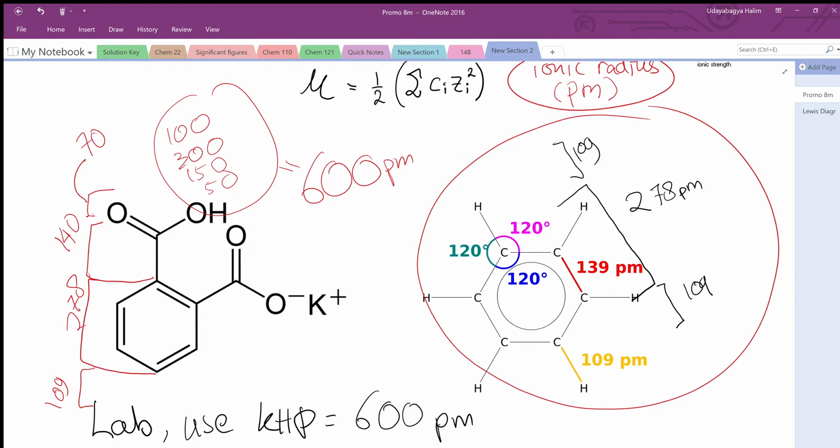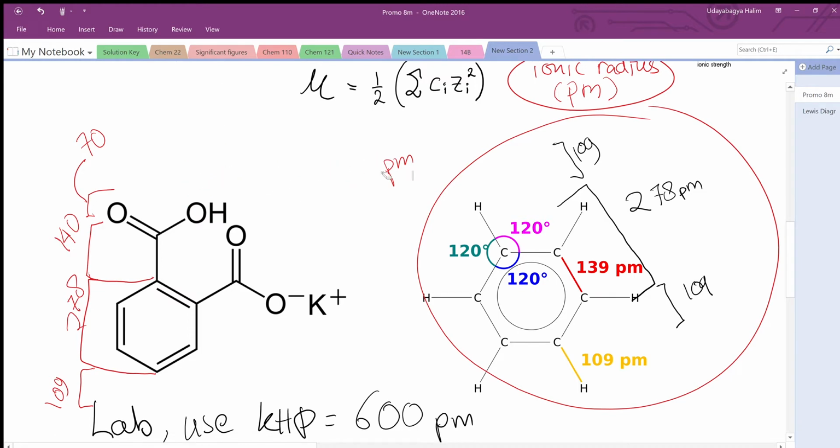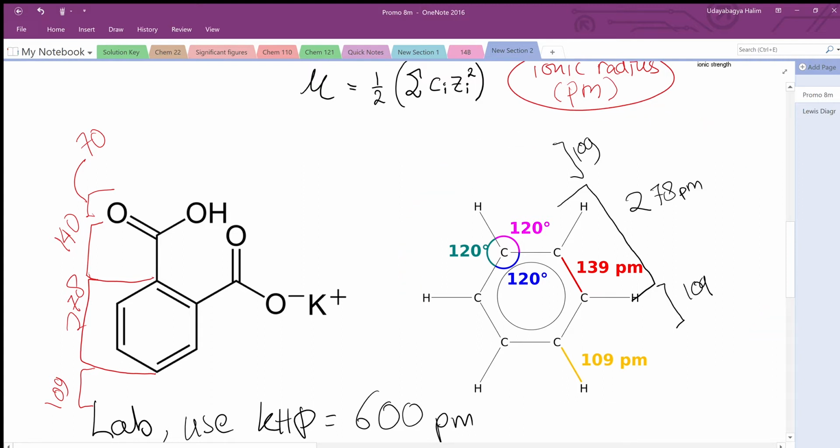Obviously it's not spherical, but if the molecule is spinning around in 3 dimensions, it becomes an effective sphere. So if you don't have information about what ion you're using, you can estimate the size by calculating all the bonds and how long they are. It's fairly straightforward. So for KHP, we're using 600 picometers.